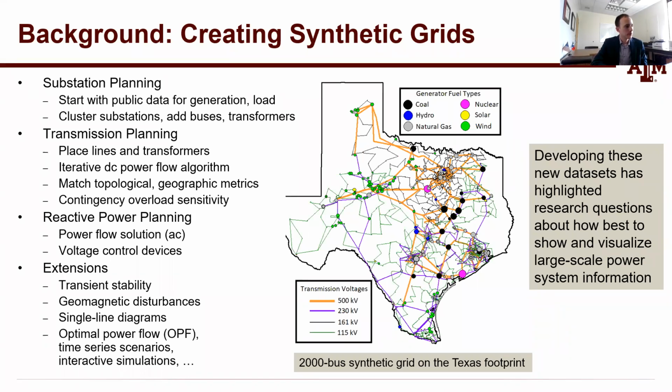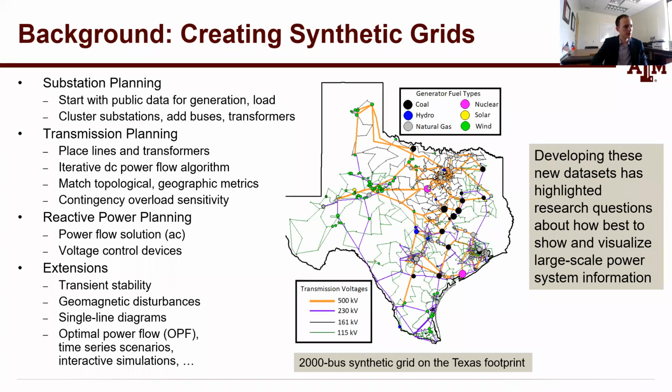Synthetic grids are basically test cases that are public and don't include any actual transmission system data. What these do is enable research in this area by providing large-scale realistic public test cases.